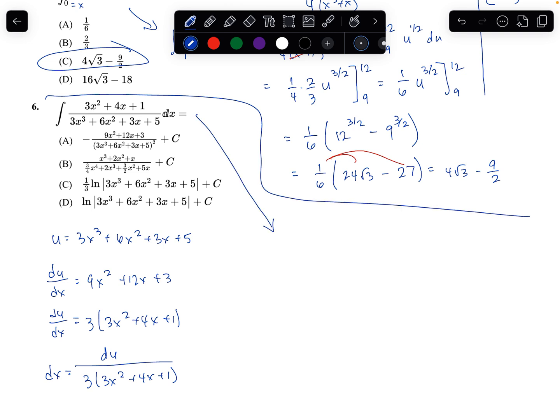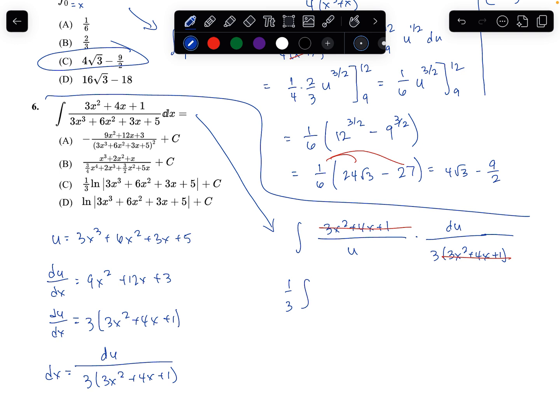Okay, and so let's make our substitutions. We have the integral of 3x squared plus 4x plus 1 divided by u times du over 3x squared plus 4x plus 1. And then, yeah, obviously those are going to cancel, leaving us with a pretty simple expression.